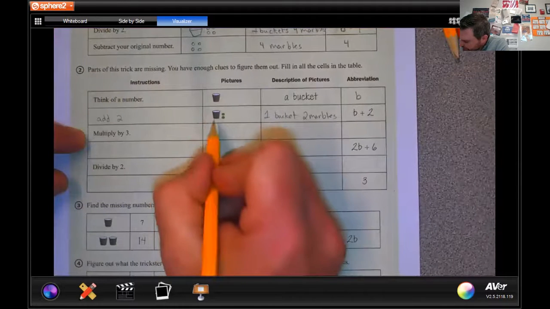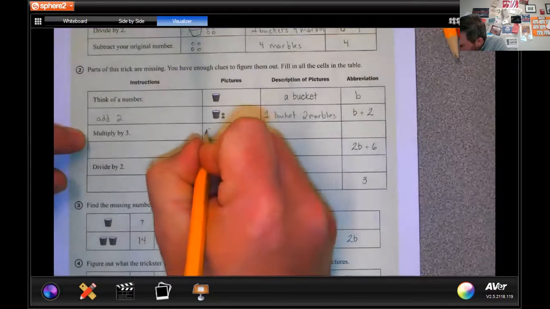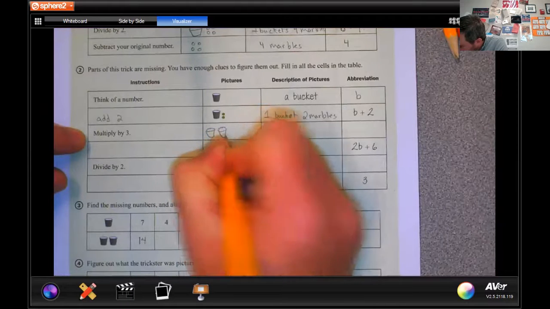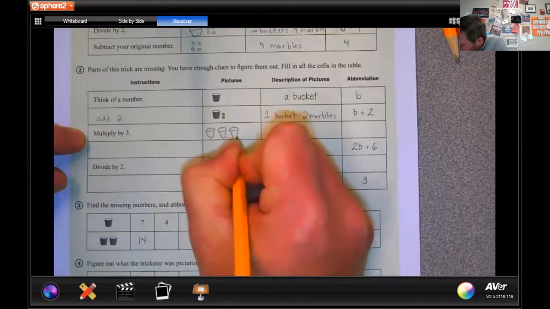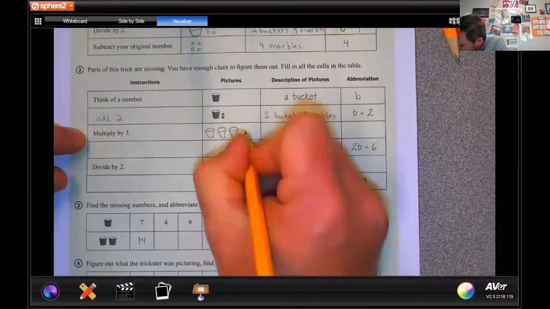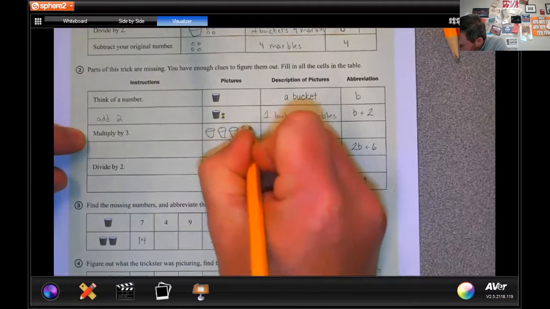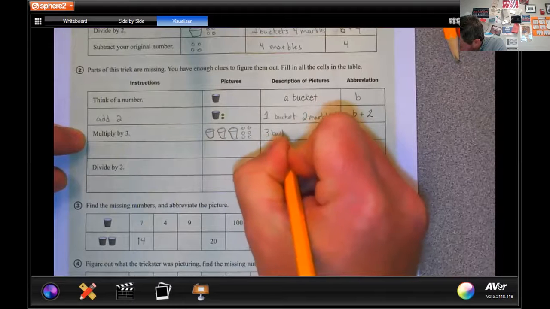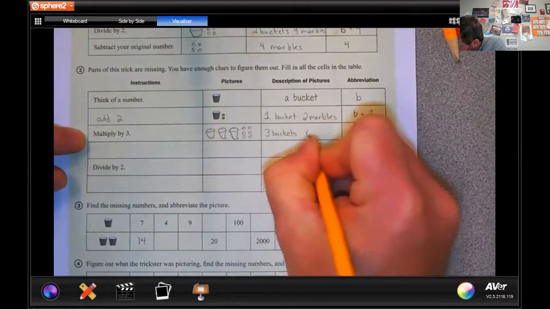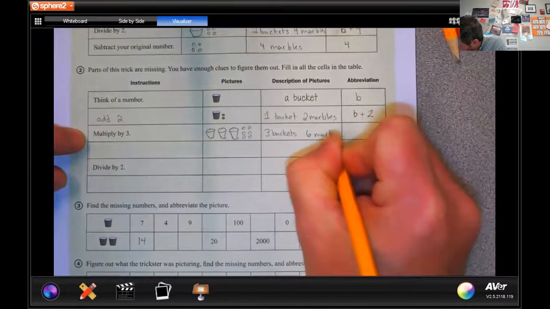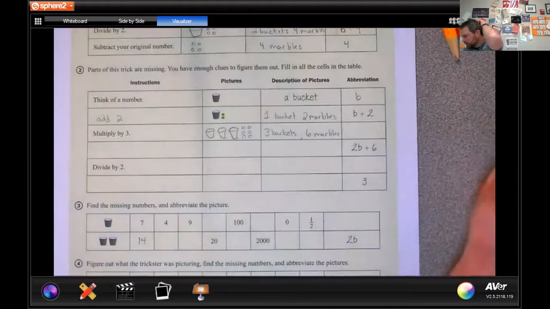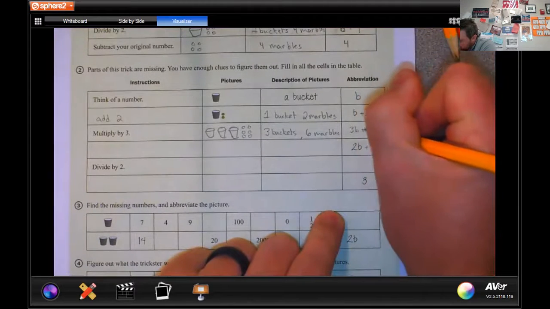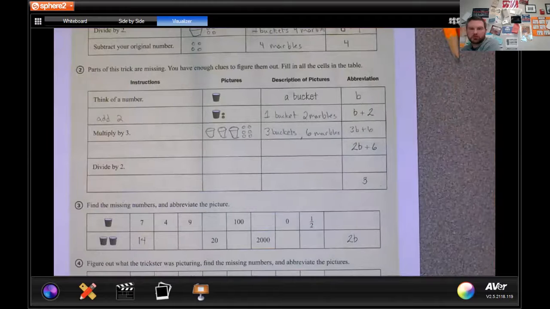So if I take the bucket and multiply by 3, now I got 3 buckets. And 2 times 3 is 6. So I got 6 marbles. So 3 buckets, 6 marbles. So in this case, that is 3 buckets plus 6 marbles there.